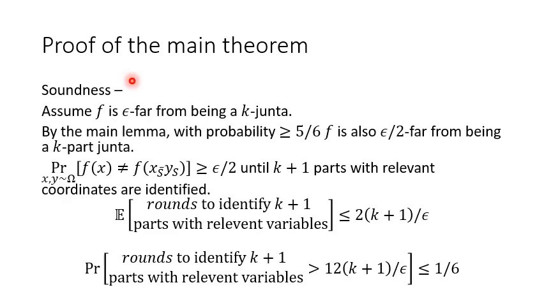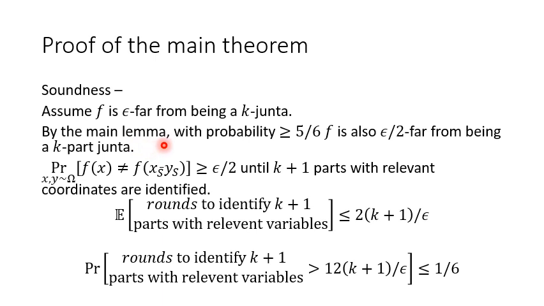We will now analyze the soundness of the algorithm. Assume that f is epsilon far from being a k-junta. By the main lemma, which we will prove later, it means that with probability at least 5/6 over the random partition, f is also epsilon over 2 far from being a k-part junta.